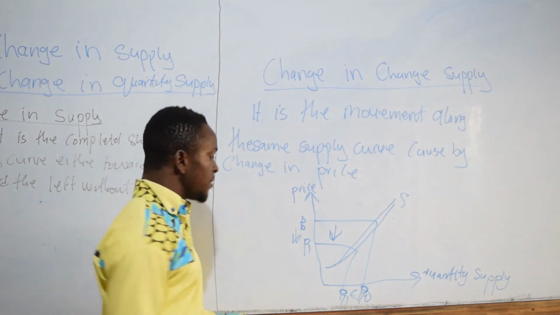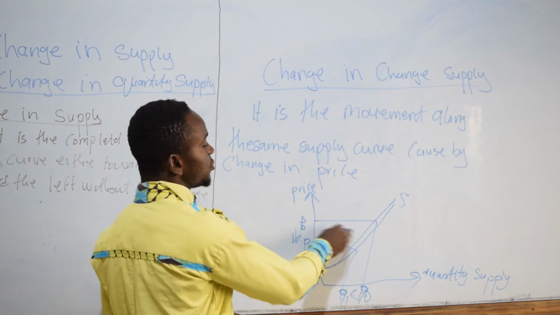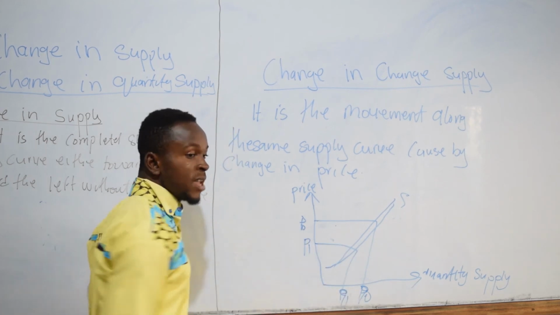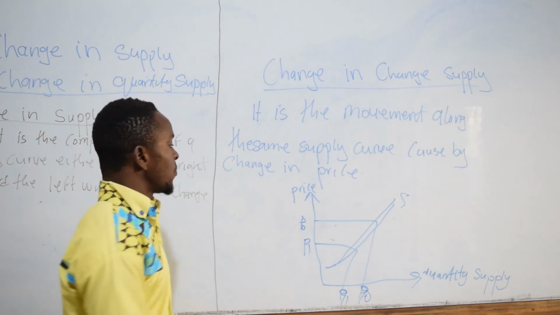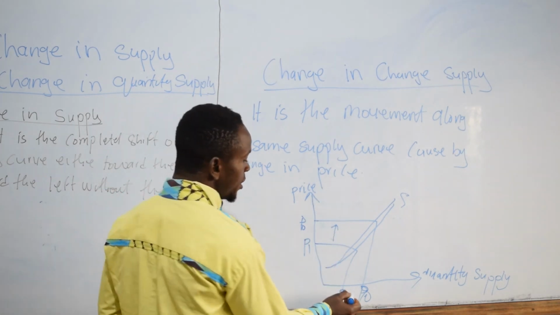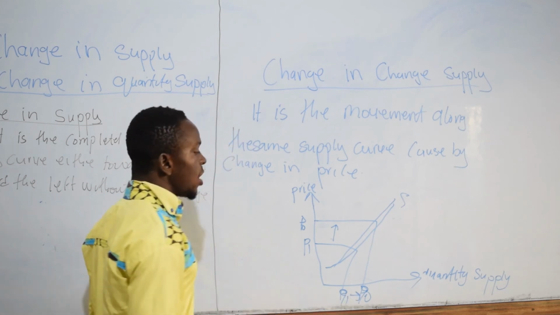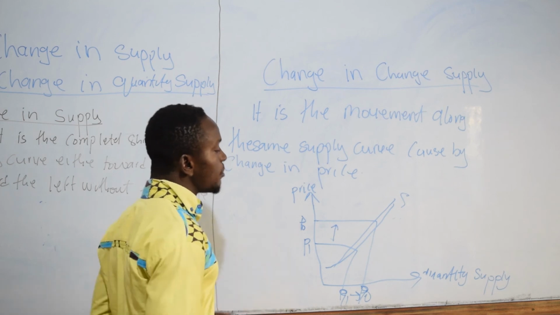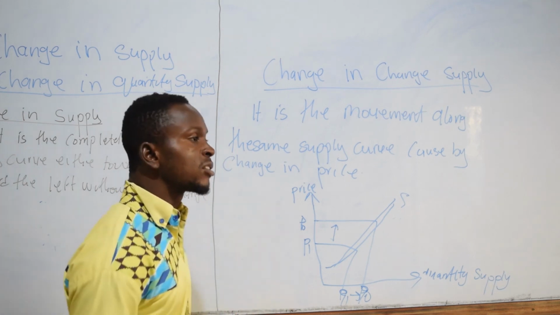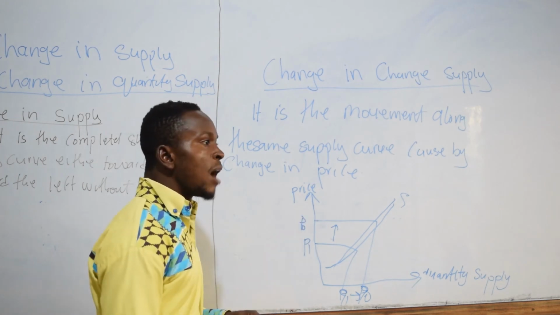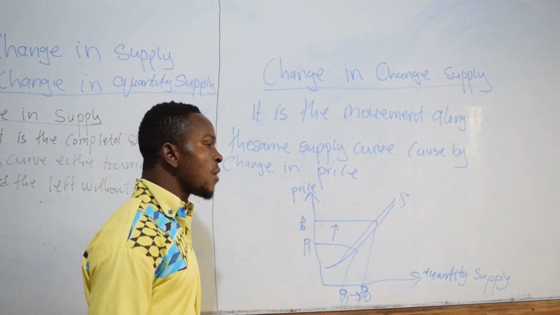On the other hand, if you want to explain, let's say they say you should explain an extension in supply, or they use another word to say you should explain an increase in supply. An increase in supply moves the arrow towards what? Outwardly, that is, it shows this screen. So on this part, you want to explain this diagram. You say for the diagram above, an extension in supply is the movement along the same supply curve outwardly. Now it can be explained in the diagram below.